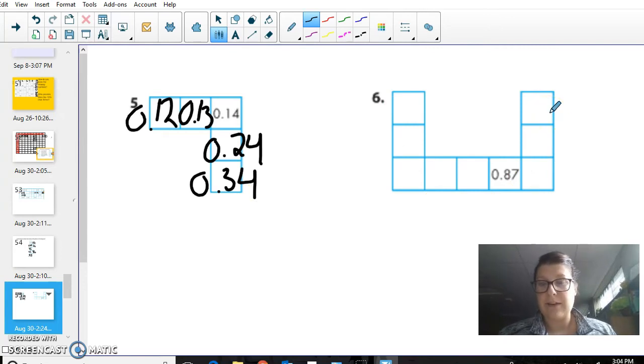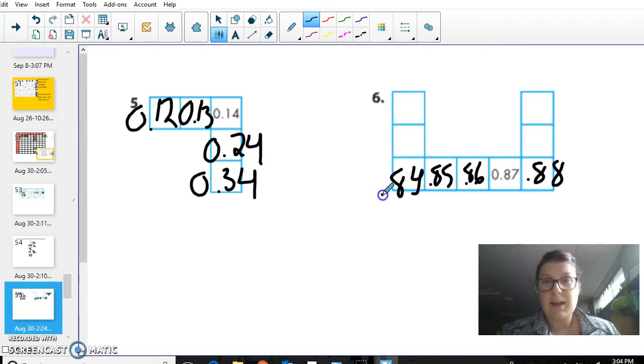I know that as I move left to right, it increases by hundredths, so I will fill these in. And as I move up and down, it's increasing or decreasing by tenths.